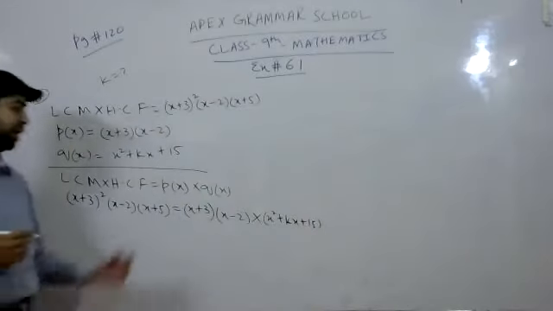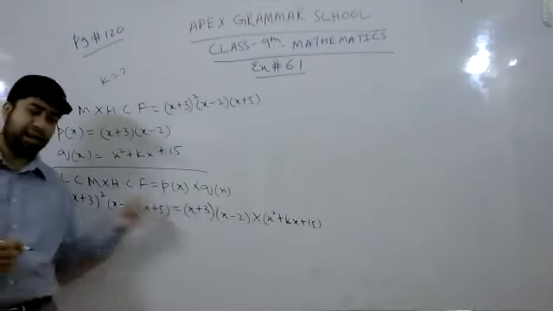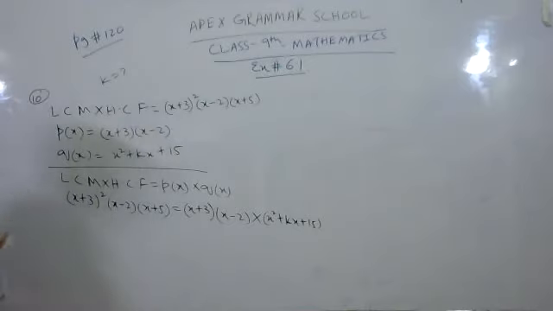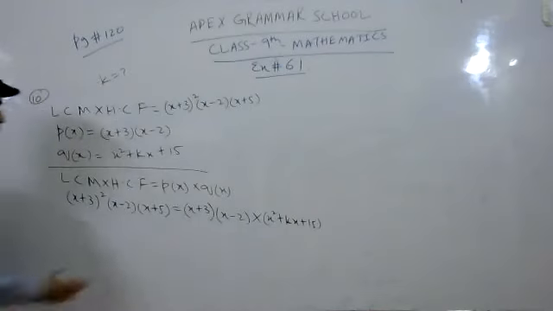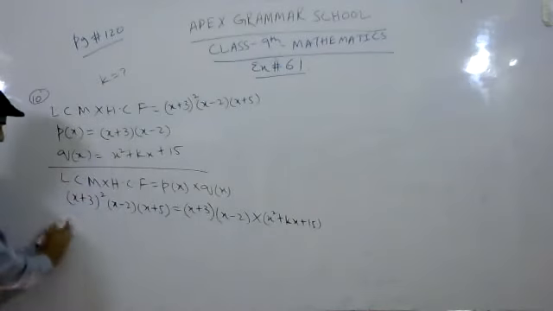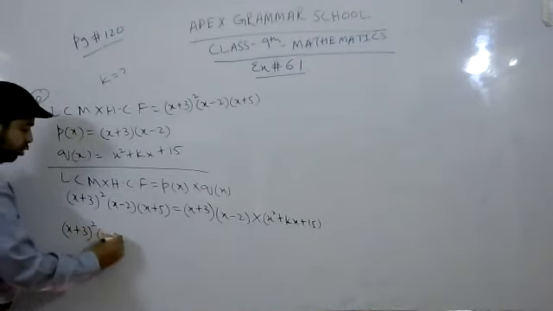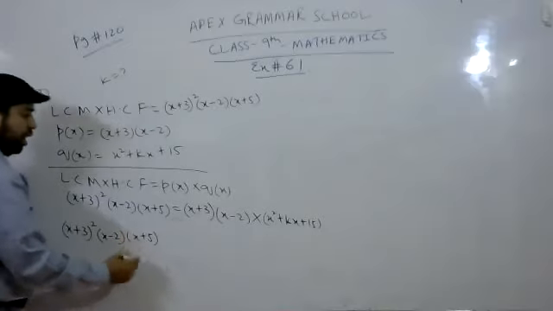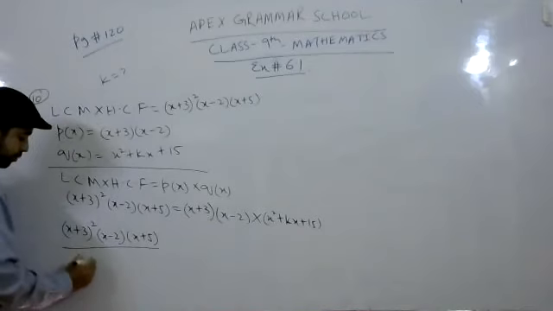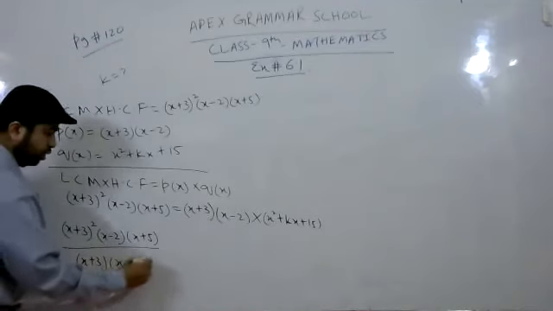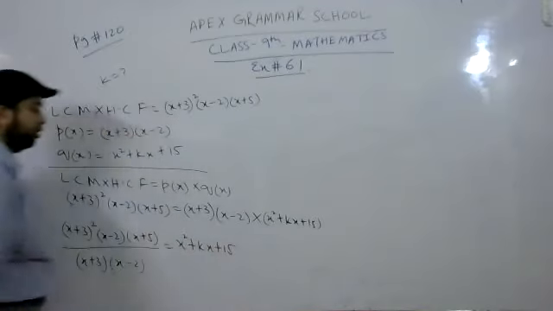Now you can easily see that this is x plus 3 and this is also x plus 3 whole square. You can cut it directly. So these values are multiplying and we're going to divide on the other side of the equality. So you can write it as (x plus 3) whole square, (x minus 2) and (x plus 5), divided by x plus 3 and then x minus 2, is equal to x square plus kx plus 15.